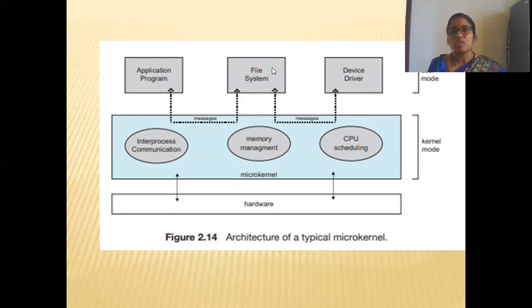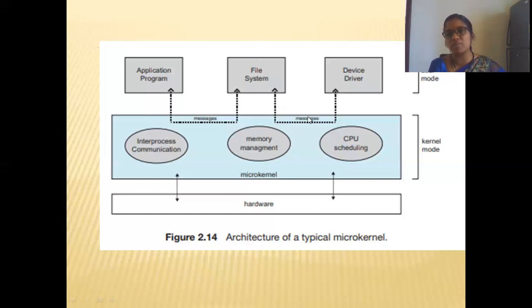See here, you have the device driver, file system, and application program. They are all in user mode. Whereas inter-process communication, IPC, memory management, and CPU scheduling are the responsibilities of kernel mode. So they are made into the microkernel, and they have access to the hardware. Here you can see another thing: message passing.